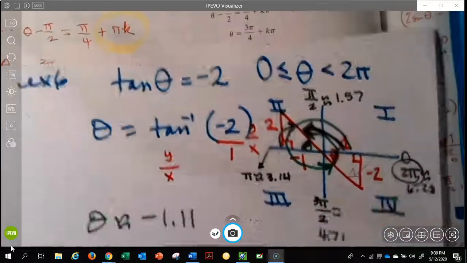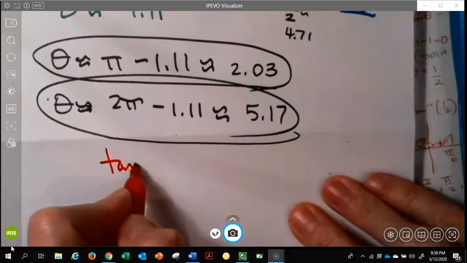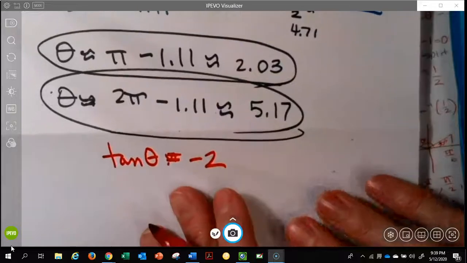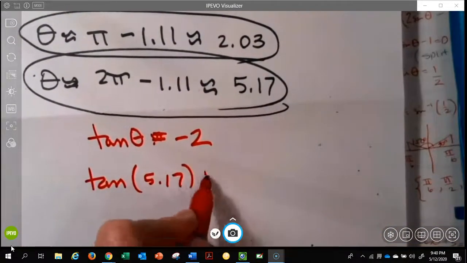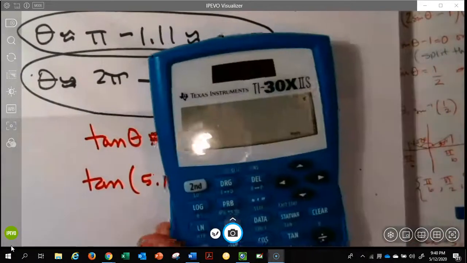I'm going to take a moment to check one of these, because what we're saying is tangent of theta is supposed to be -2. Let's try one. I'm going to try tangent of 5.17, and when I hit equals, by golly, it better be darn close to -2.